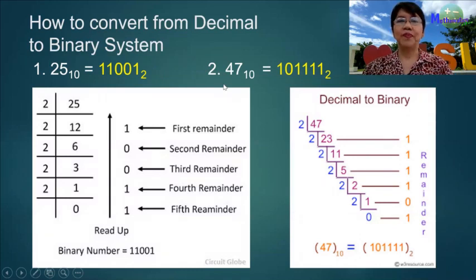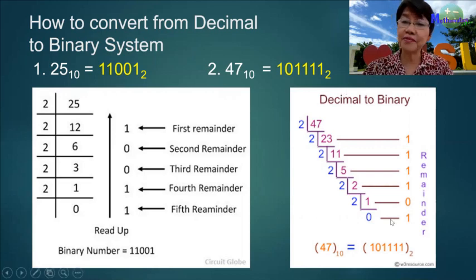Number 2, we have 47 base 10 to binary. So this is another way of dividing. 47 divided by 2 is 23, and you have a remainder 1. 23 divided by 2 is 11, remainder 1. 11 divided by 2 is 5, remainder 1. 5 divided by 2 is 2, remainder 1. 2 divided by 2 is 1, remainder 0.